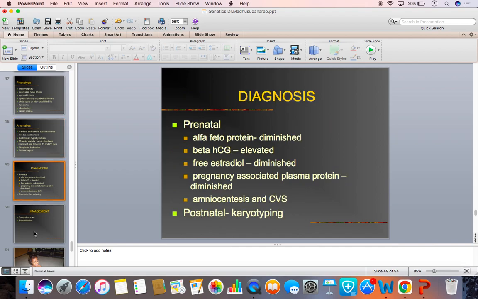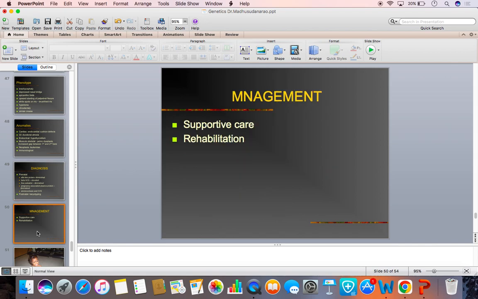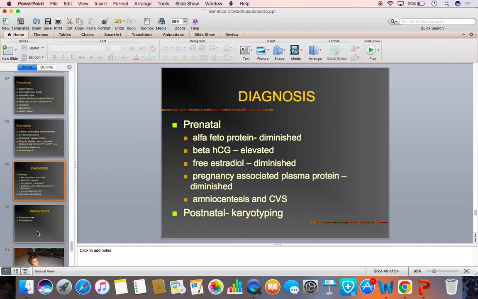How do you come to diagnosis? You can make the diagnosis antenatally. All the mothers at high risk are screened. Nowadays, every mother is screened for alpha fetoprotein, which is diminished, beta hCG, human chorionic gonadotropin, which are elevated.